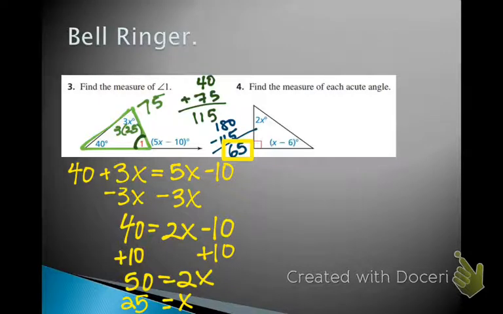Did anybody do anything else to find the measure of angle 1? Plugged it into the exterior. What relationship does the exterior have with the interior? They're a linear pair, which makes them supplementary, add up to 180. So we could plug in 25. What's 5 times 25?